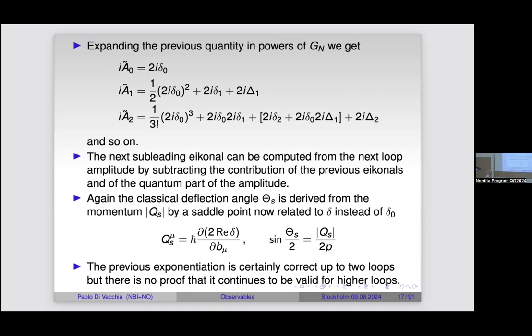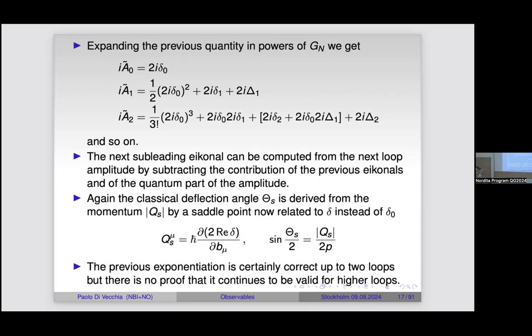If you go to two loops, then there is a term which goes like 1 over h bar cubed. There is a term 1 over h bar squared, which is a two-particle cut. There is a term of order 1 over h bar, but you have to take away this term, which is also 1 over h bar but does not contribute to the eikonal, and so on.